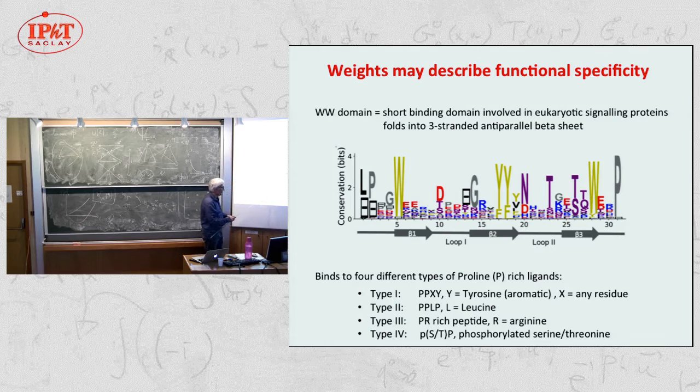This other one has a bunch of prolines with leucine in between, and so on. People know that if you present any kind of peptide chain with these motifs, a part of the WW domains will bind to it, another part will not, and all the WW domains which bind to them are called type 1, and so on. This classification is somewhat empirical. The question is, how do we understand which elements in the sequence are responsible for that?